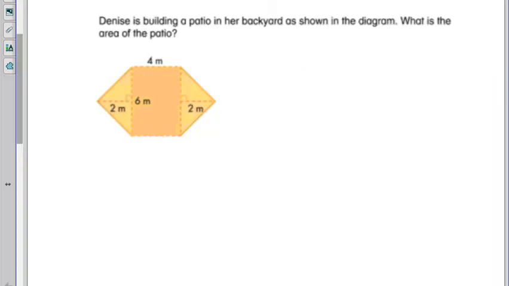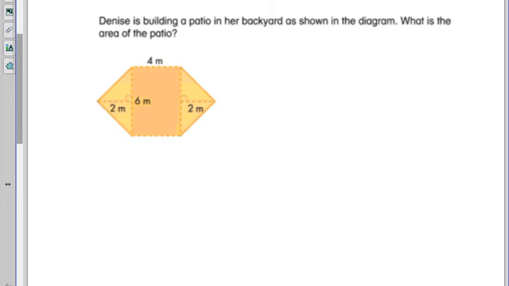All right, for this first problem, we are going to decompose, that means break down, a figure into known shapes so that we can calculate the area of this thing that we don't have a formula for. And what we're looking for, again, are triangles and rectangles, perhaps parallelograms, but primarily rectangles and triangles.